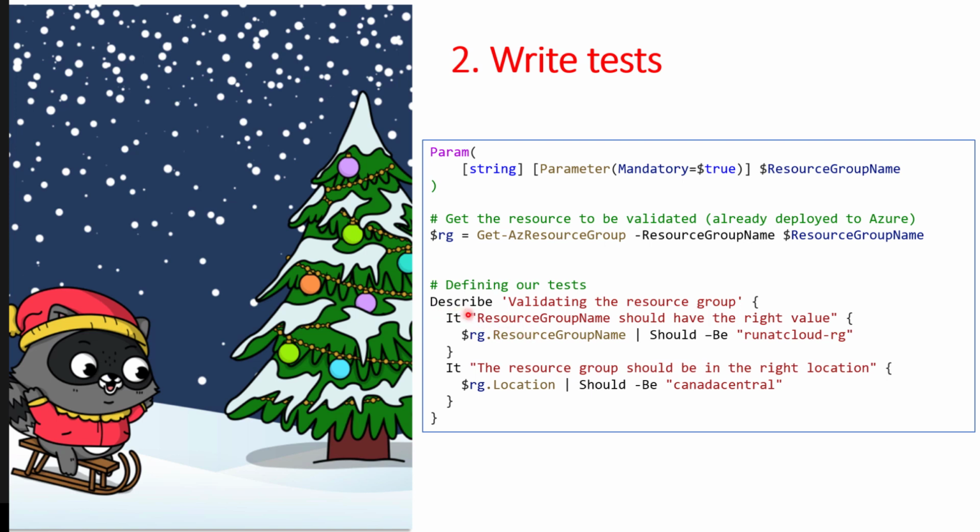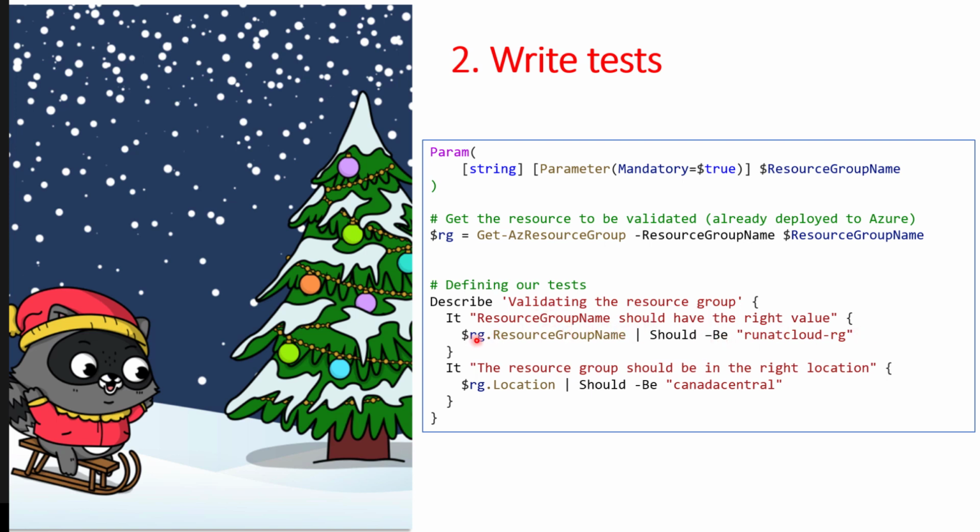So here, for example, we have a describe block, which states that in that block we are validating our resource group. And here we have two tests described by the it block. The first test states that our resource group should have the right value, or not the resource group, but our resource group name should have the right value.